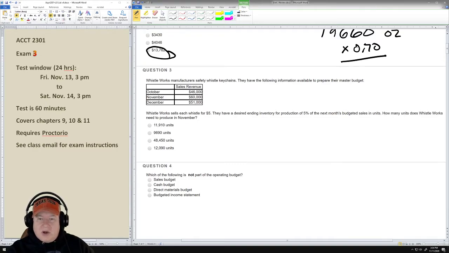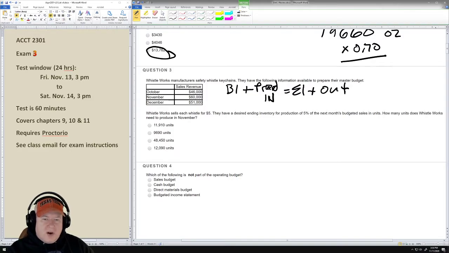So again, we're going to be doing another one of these beginning inventory plus purchases. Or I think that in this case, we're going to be doing production. In other words, this is whatever comes into inventory, and then we have ending inventory, then plus whatever goes out of inventory.